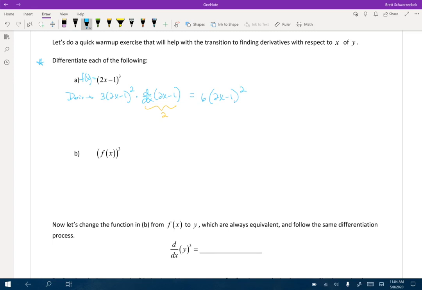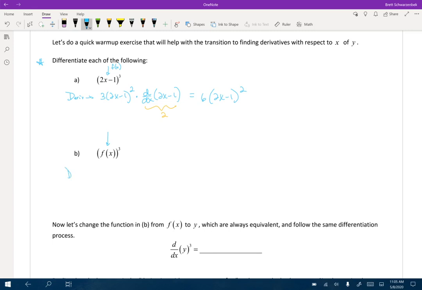We know 2x minus 1 cubed is a function, so why not write f of x? But that also implies these two are equivalent. So if that's the case, can't I put f of x wherever I see 2x minus 1? That's exactly what I'm going to do. I'm going to replace 2x minus 1 with f of x, which is just a function placeholder, and put it to the third power.